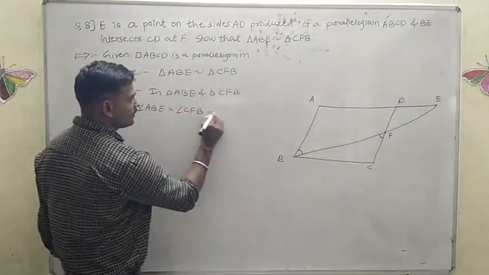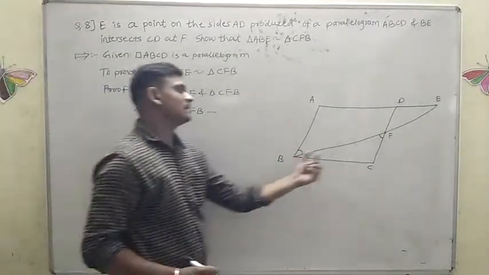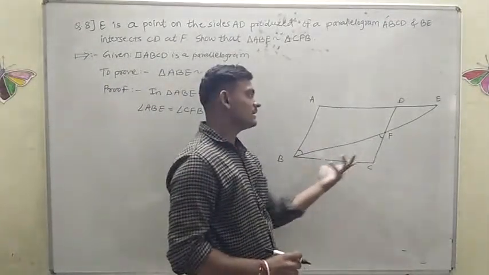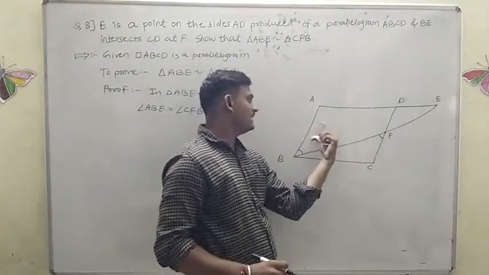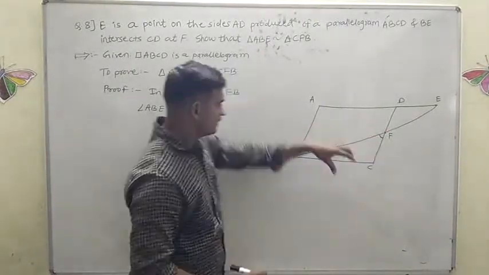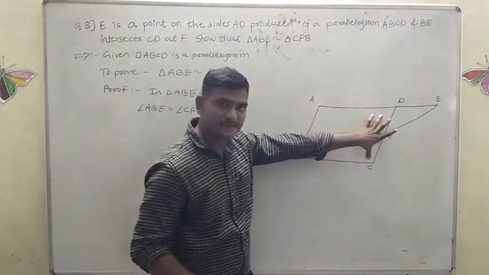What is the reason? These two are alternate angles, because ABCD is a parallelogram. Therefore, side AB is parallel to side CD.